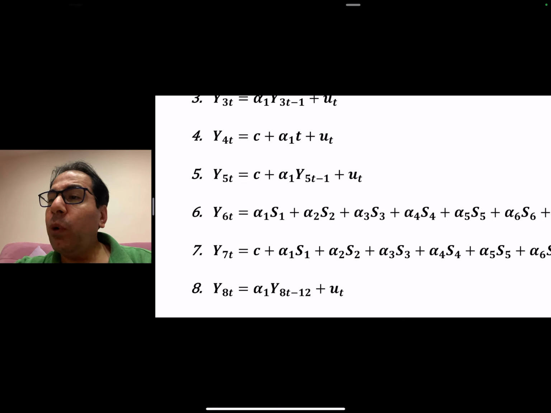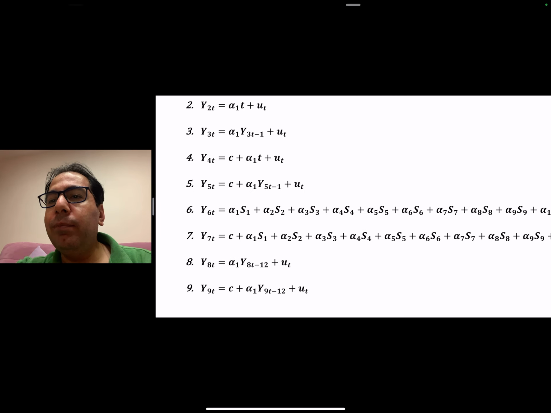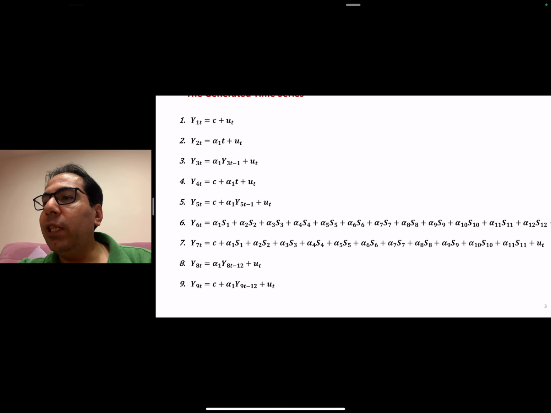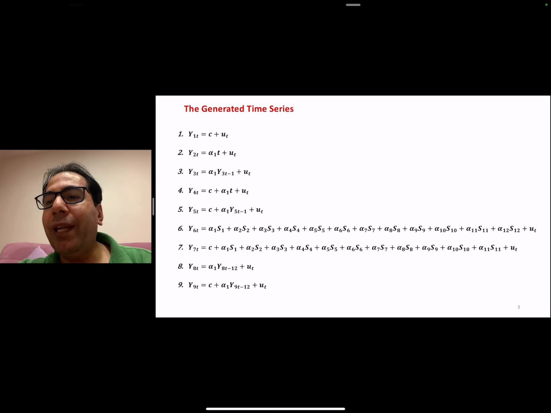The sixth model has only a deterministic seasonality with a white noise error term. The next one includes the first model with the sixth, and the eighth model has a stochastic seasonal term.